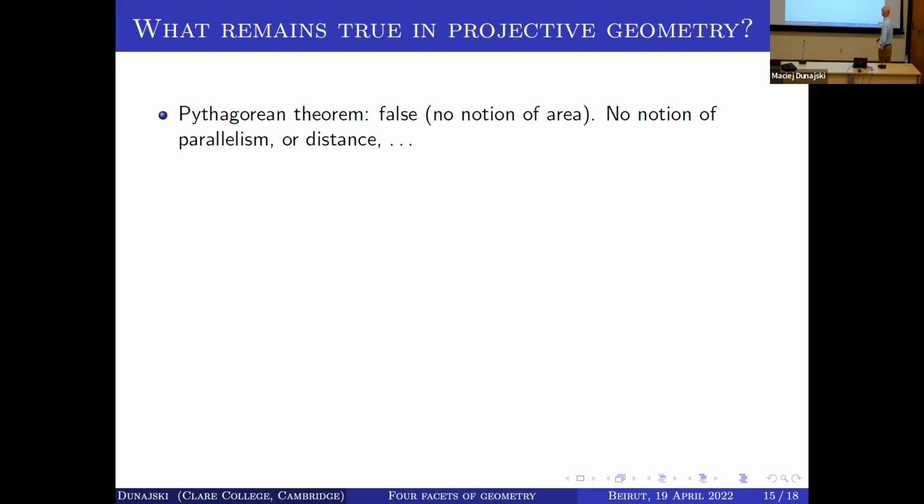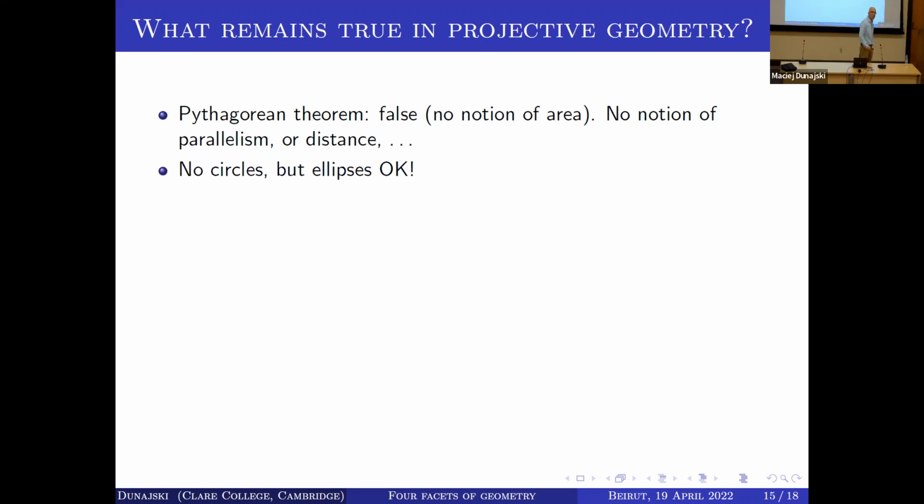That will depend on your perspective. So in projective geometry, there is no notion of distance and no notion of area. And even there is no notion of what it means for two lines to be parallel, because that depends on the point of perspective.